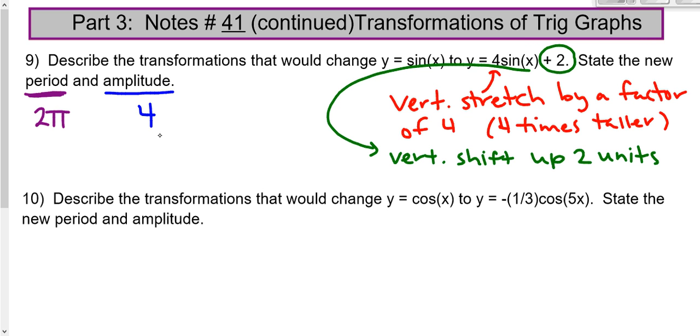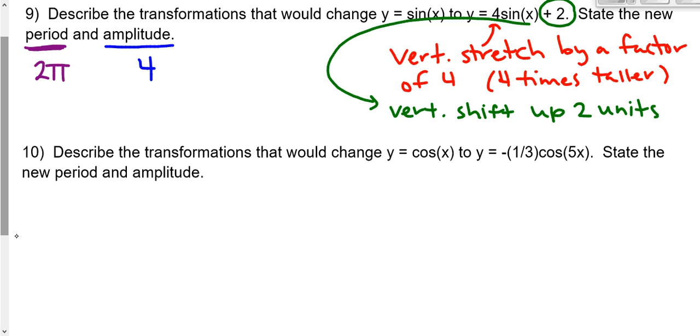Okay, problem number 10. Describe the transformations that would change y equals cosine x to y equals negative 1/3 cosine of 5x. State the new period and amplitude. Okay, anytime you multiply a function by a negative, that's going to be a reflection across the x-axis.